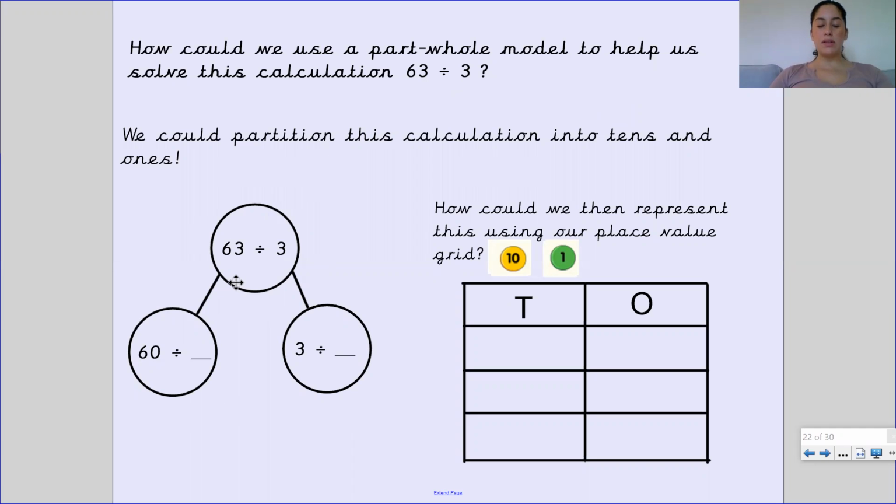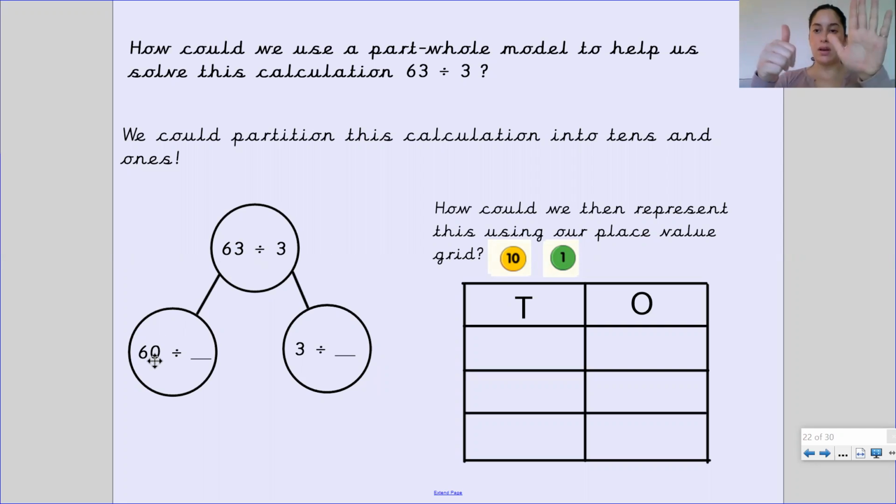Well, the number we want to divide by 3 is 63. So what's happened here? I have got 60 divided by something and 3 divided by something. So how have I used partitioning? I've partitioned the number 63 into tens. How many tens do we have? 6. What's the value of 6 tens? 60.